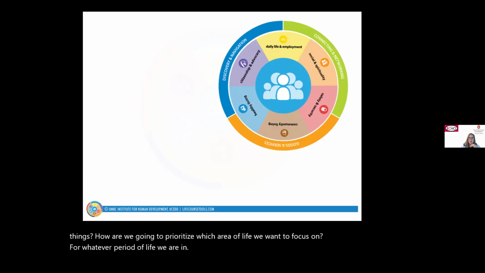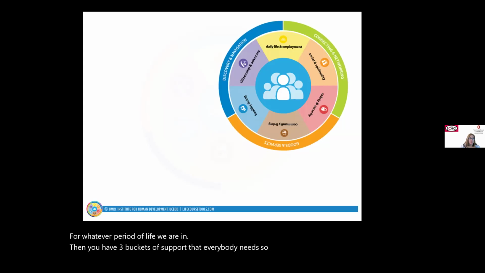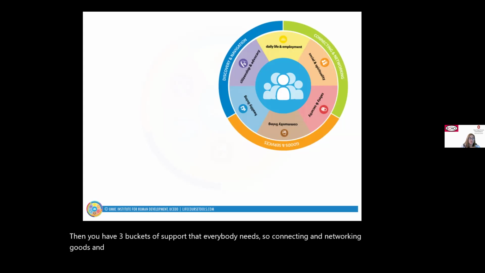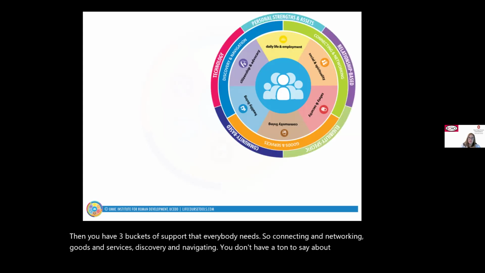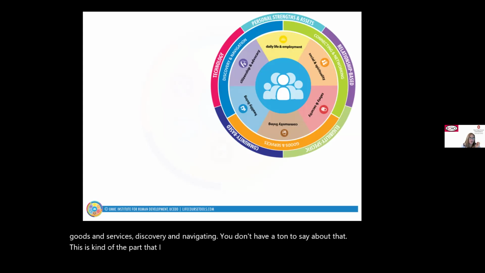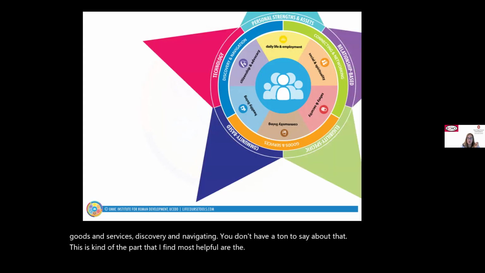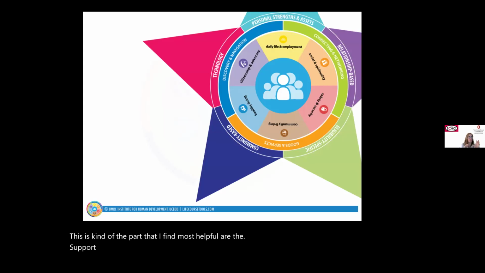Then you have three buckets of support that everybody needs: connecting and networking, goods and services, discovery and navigating. I don't have a ton to say about that. The part that I find most helpful is the support star. So we've broken down which area of life we want to talk about.